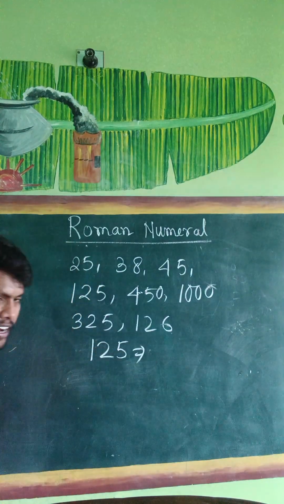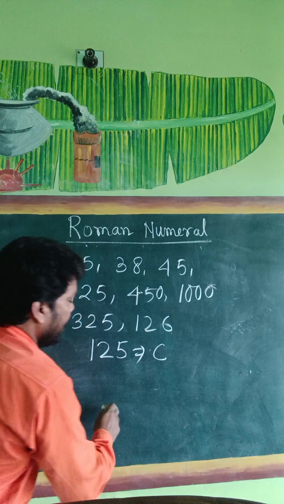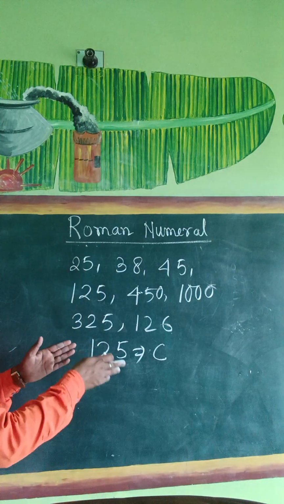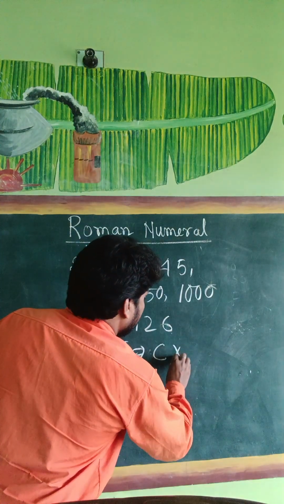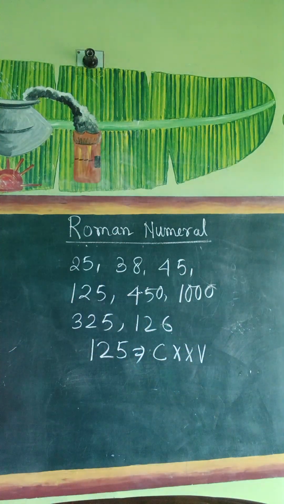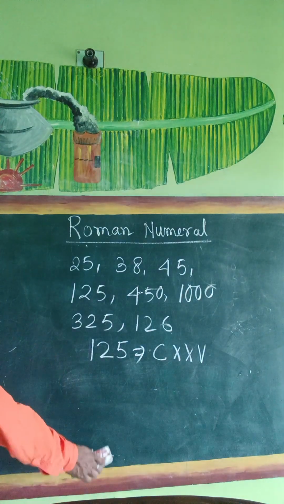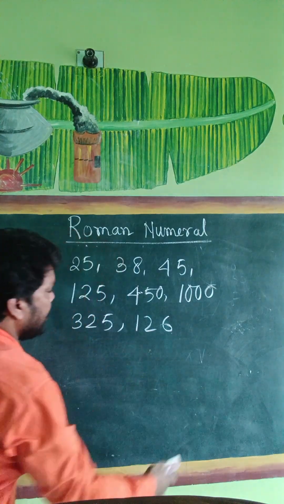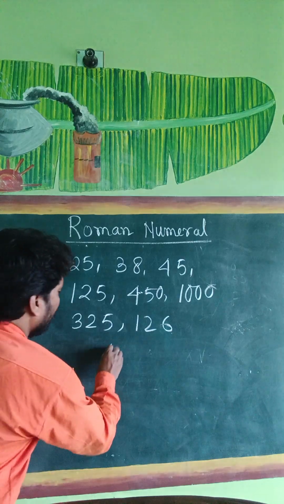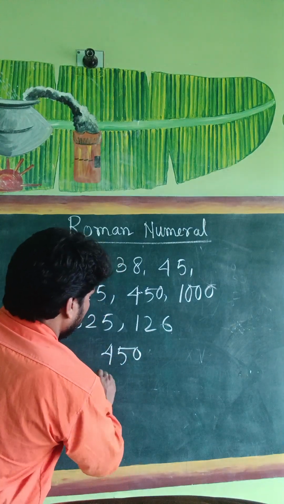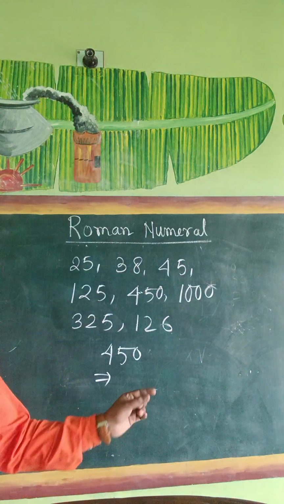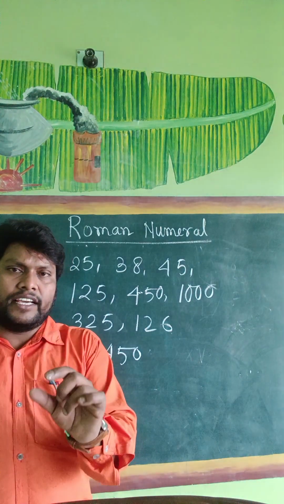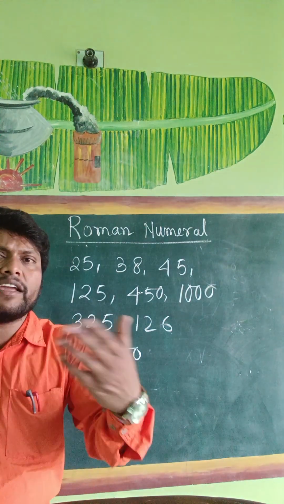Next 125. 100 means C, and 25 you did just a few moments ago, XXV. So 125 is CXXV. Next 450. Which Roman numeral is nearest to 450? 500.